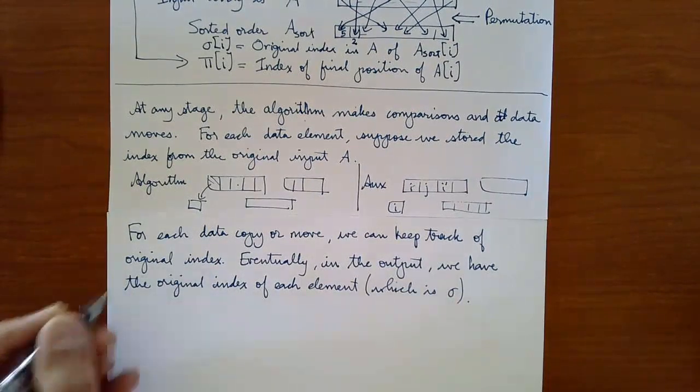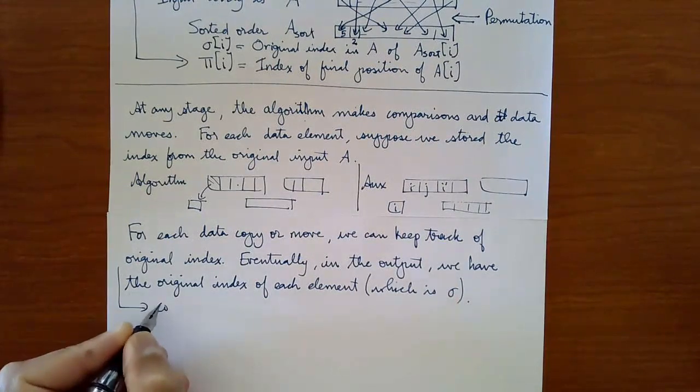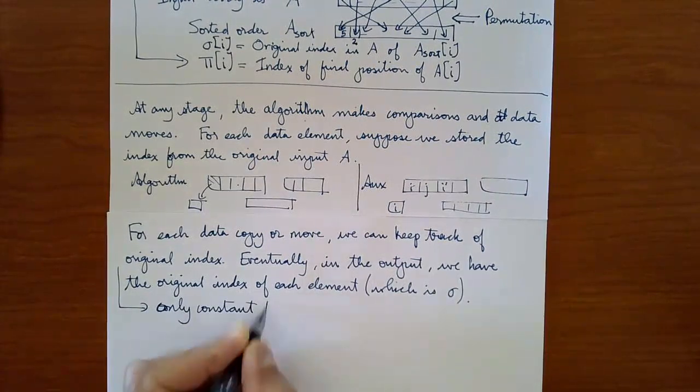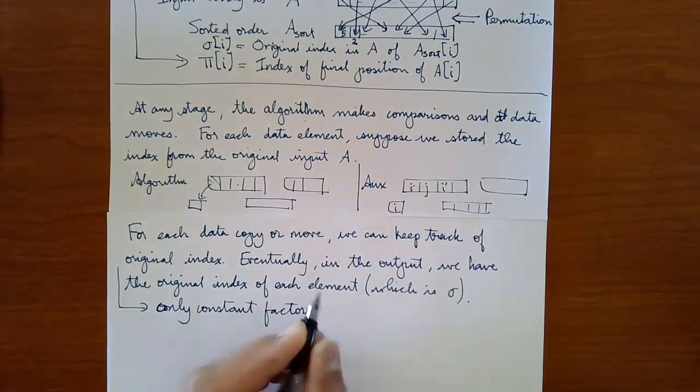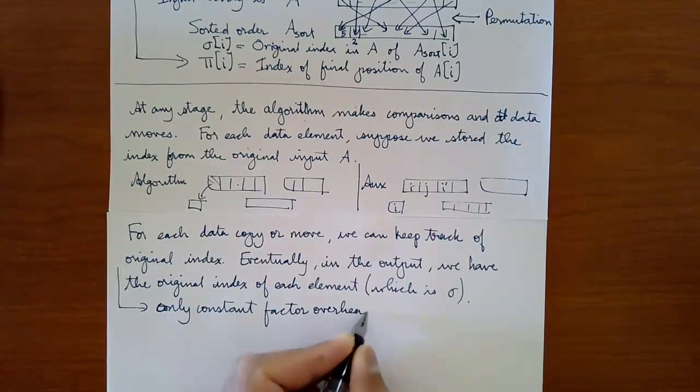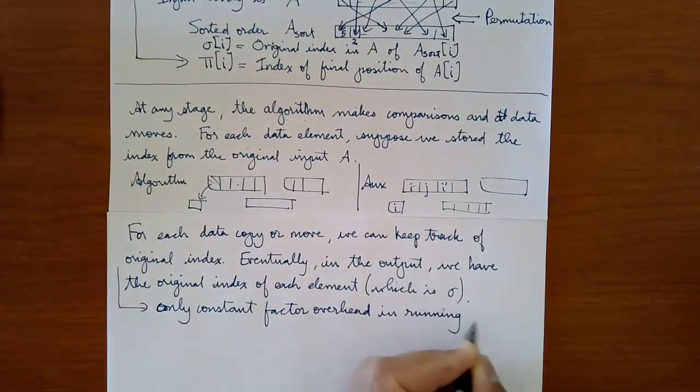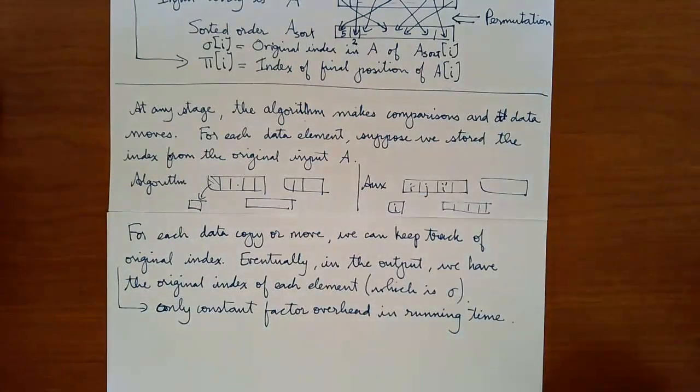We can keep track of this with only a constant factor overhead in the running time. Someone asked, are we keeping track of the indices just to prove the correctness, or is it useful to implement?